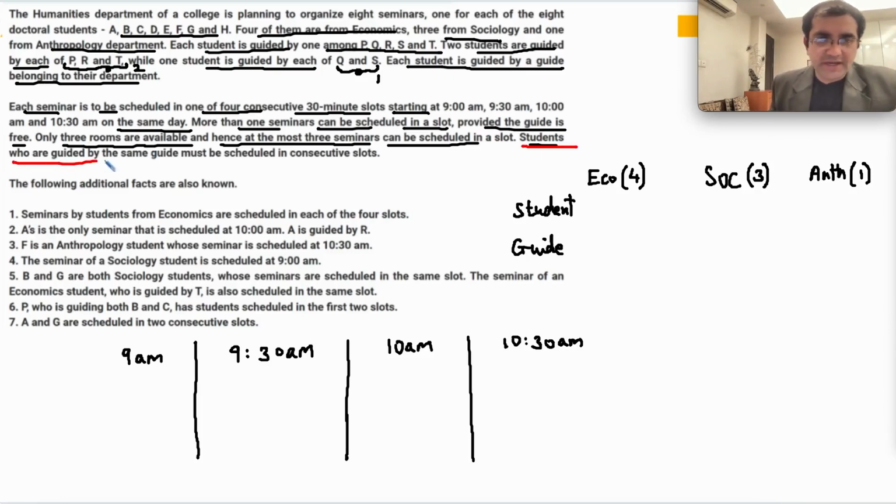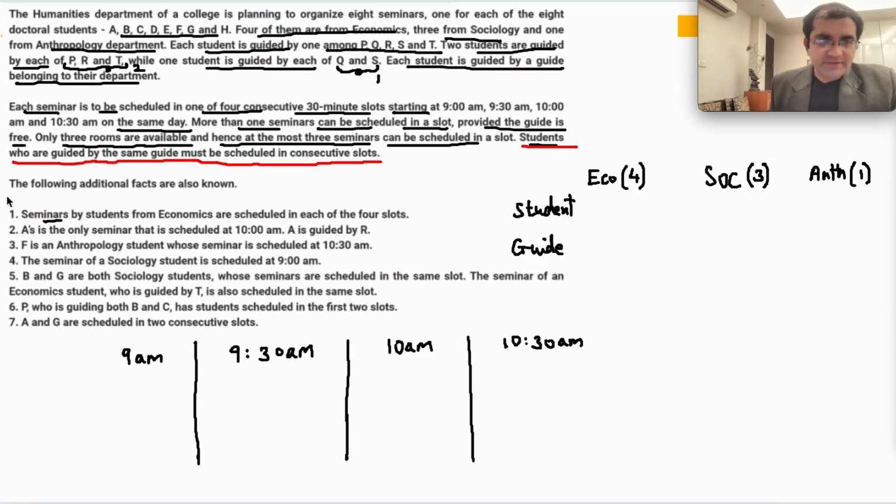Students who are guided by the same guide must be scheduled in consecutive slots. ठीक है, तो for example P का student, if he's in the 9 a.m. slot, then the next P ka student will have to be in the 9:30 a.m. slot. Very important generic statement. Let's begin.